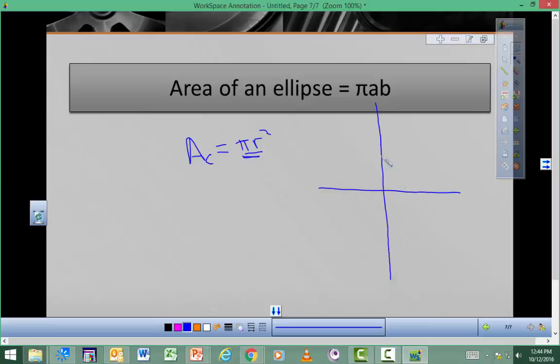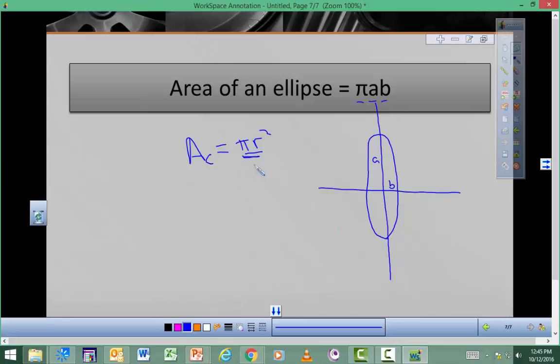If you wanted to find the area of an ellipse, to find out how much paint or metallic material you're going to need to cover it, this length here is a, this length here is b. So the area of an ellipse is pi times a times b.